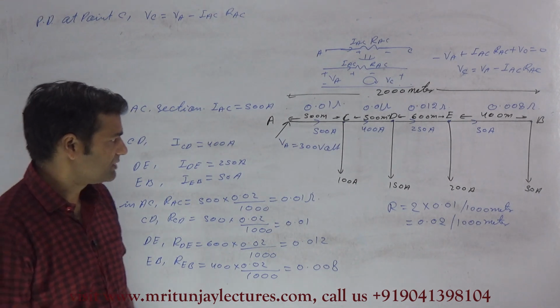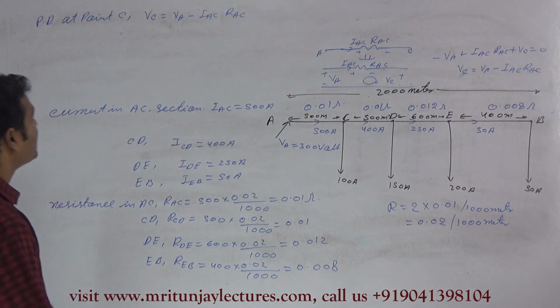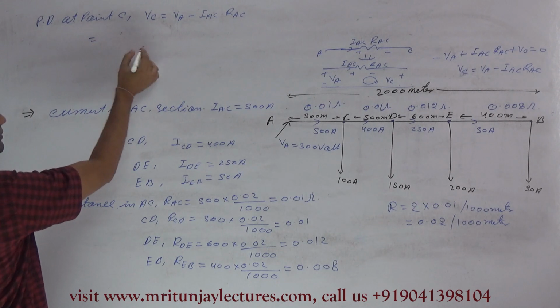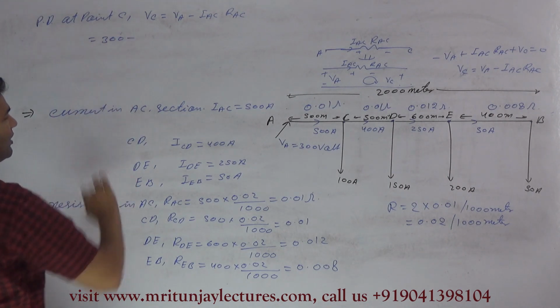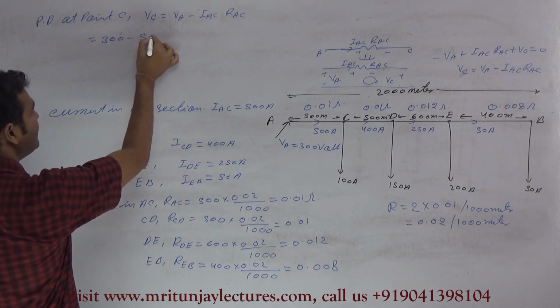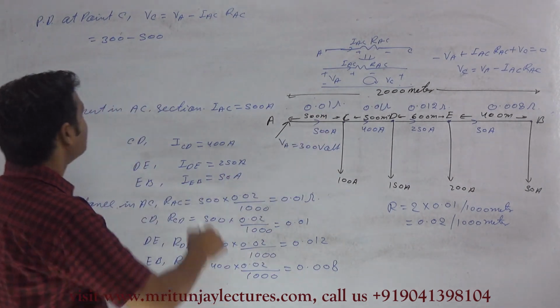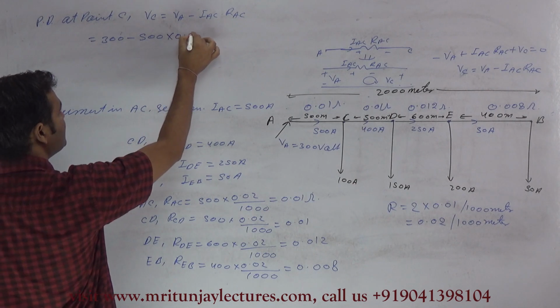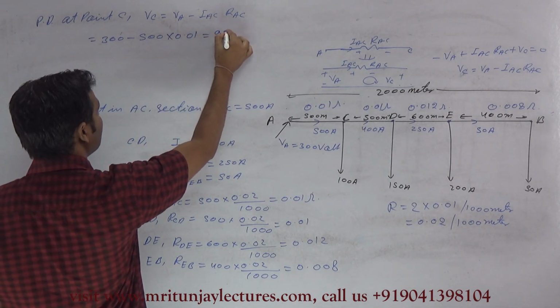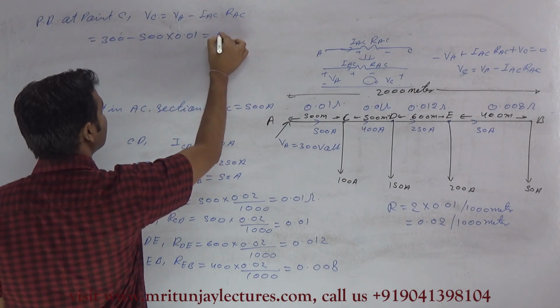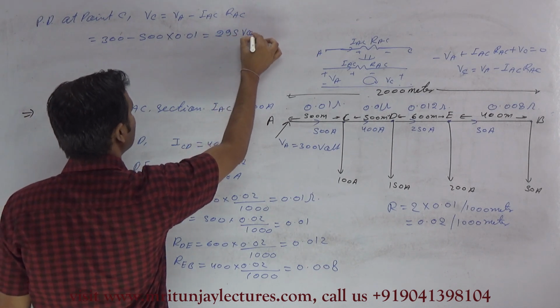Clear? Now next, how to determine? VA is 300, I of AC is 500, and the resistance is 0.01, so VC is 295 volt.